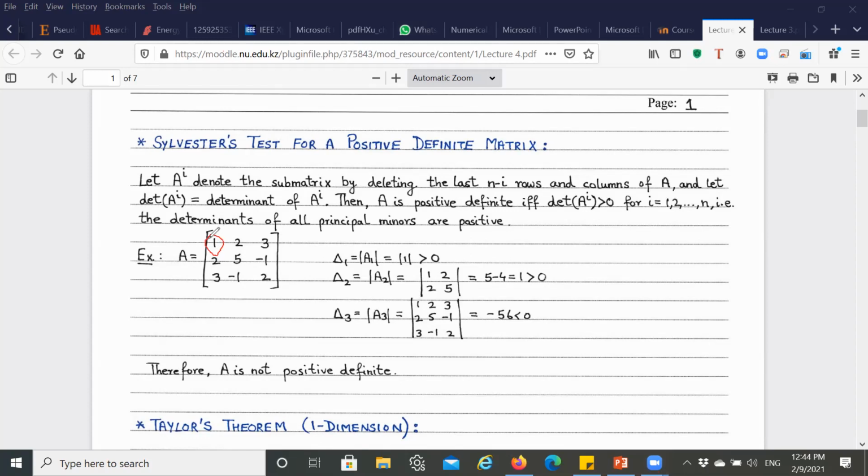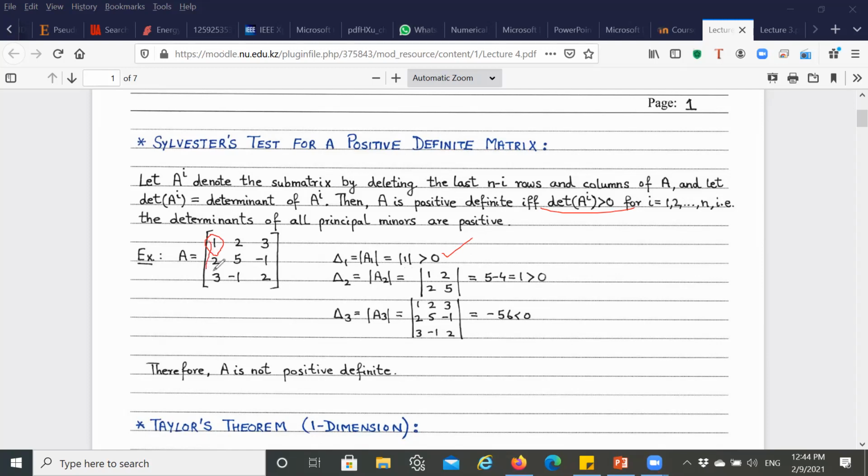The principal minors are submatrices of the actual matrix that you want to evaluate. So the first principal minor would be A11, which is this element. You take the determinant of this. This is basically 1, which is greater than 0, and that is what I want. All the determinants should be greater than 0. Now we go to the second principal minor. You take the submatrix of order 2 by 2, and you always start from the top left corner.